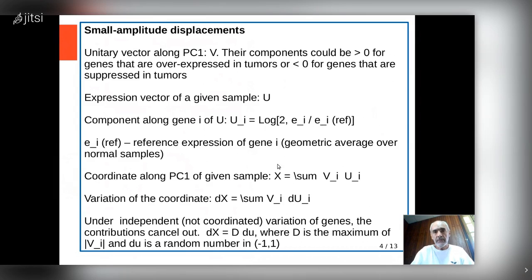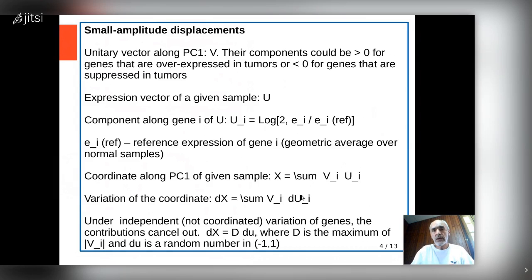Okay, then a variation of this coordinate is due to a variation of the expression of genes, as written here. Then these small amplitude displacements can be understood as independent or not coordinated variation of genes. Then most of the contributions cancel out.